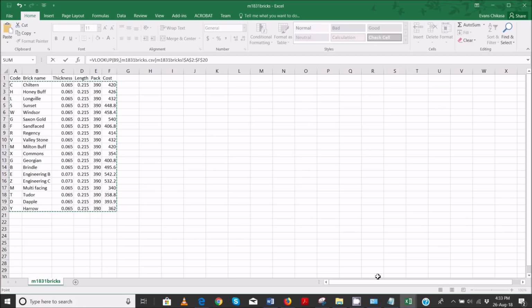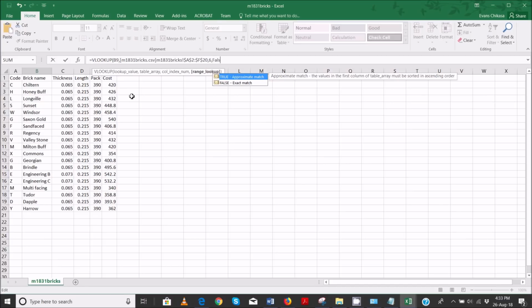And then I have the column index. I want to return the cost, which is the last column. So it is column 1, 2, 3, 4, 5, 6. So I'm returning column 6, and I want to return the exact value and not the approximate value. The exact value, because it's an exact cost.